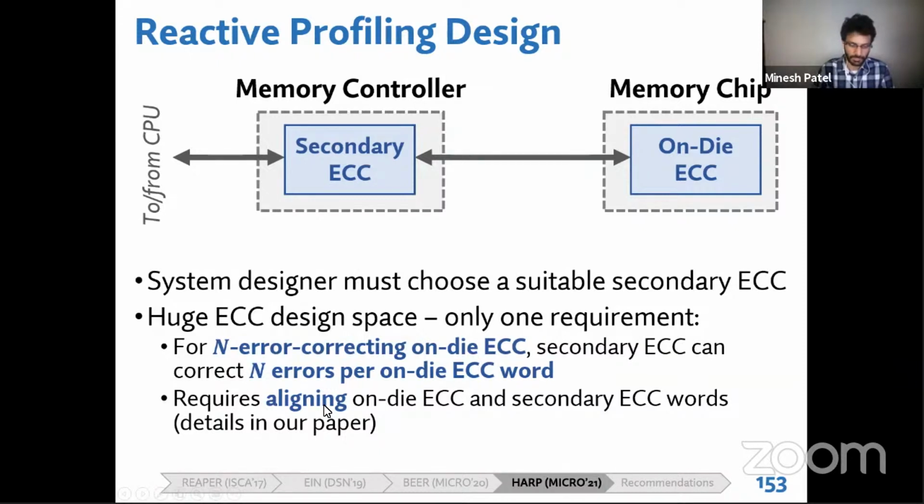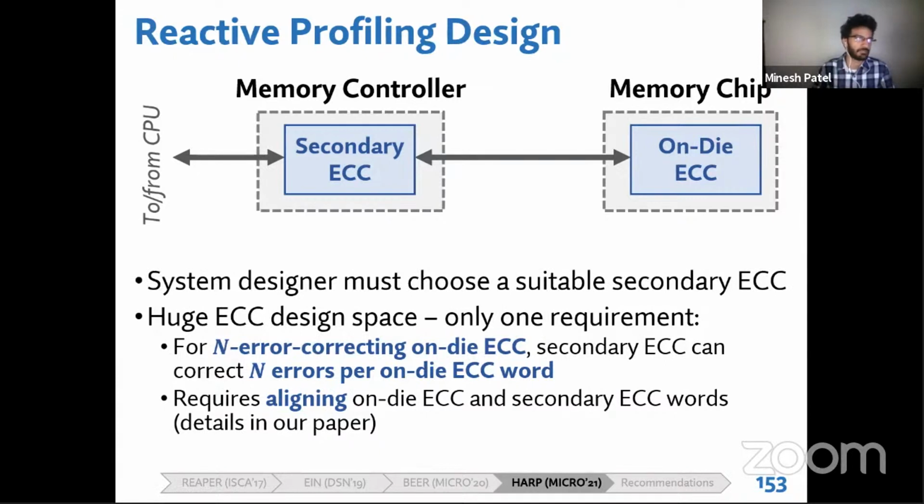We do discuss this in the paper a lot more. It's a really general design problem that even other proposals that try to co-design on-die ECC and secondary ECC need to deal with, because fundamentally, any error behavior that on-die ECC introduces is exhibited independently for every on-die ECC word.